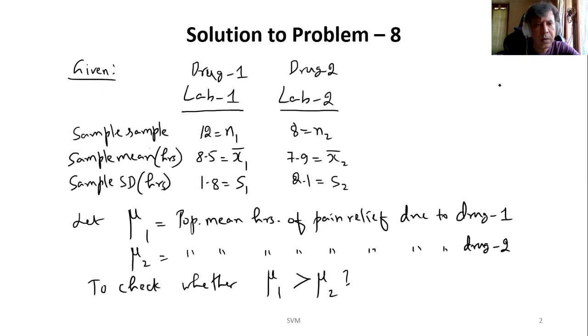Then we may note sample sizes are not large. Both samples are not large.